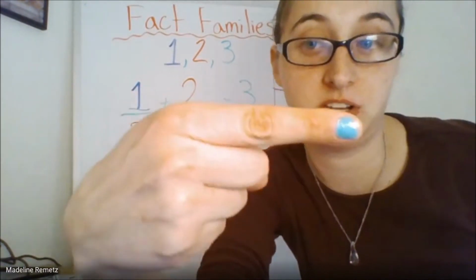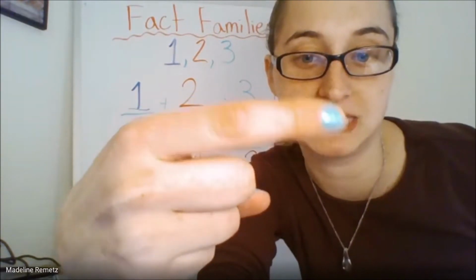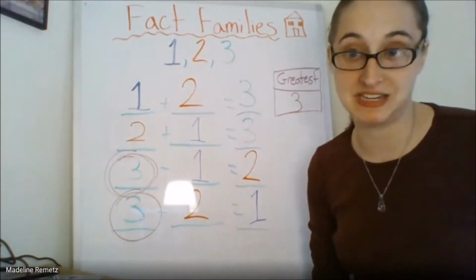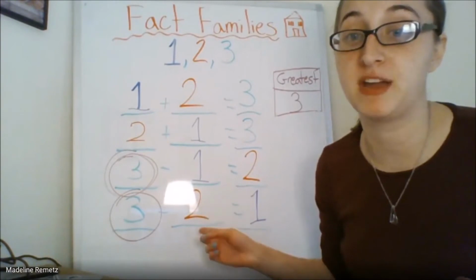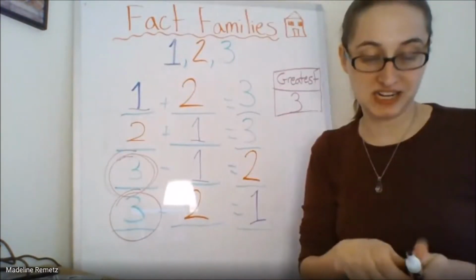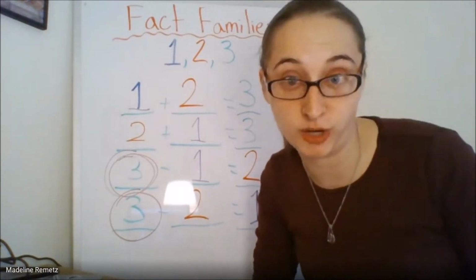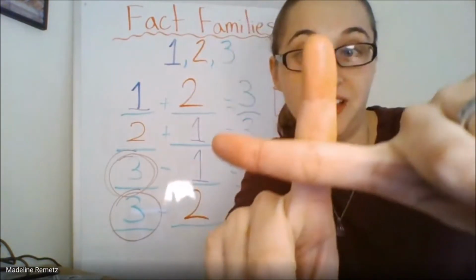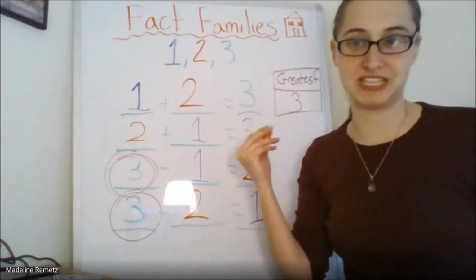Watch what I'm doing because you're going to do this tomorrow when we have our lesson again. Greatest number starts at the front for subtraction. The greatest number is the answer for addition.